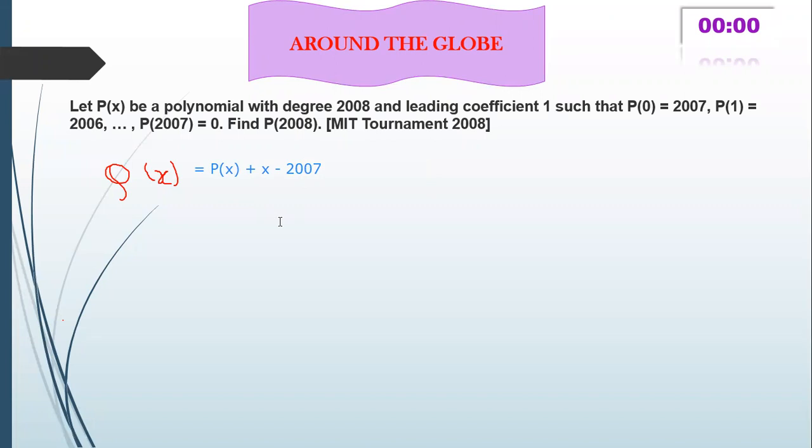Let me write it. Roots of function q of x: x belonging to, okay, so where is the belonging sign? Okay, let's consider it as the belonging sign, x belonging to 0 to 2007 closed interval. How many of you know closed interval and open interval?